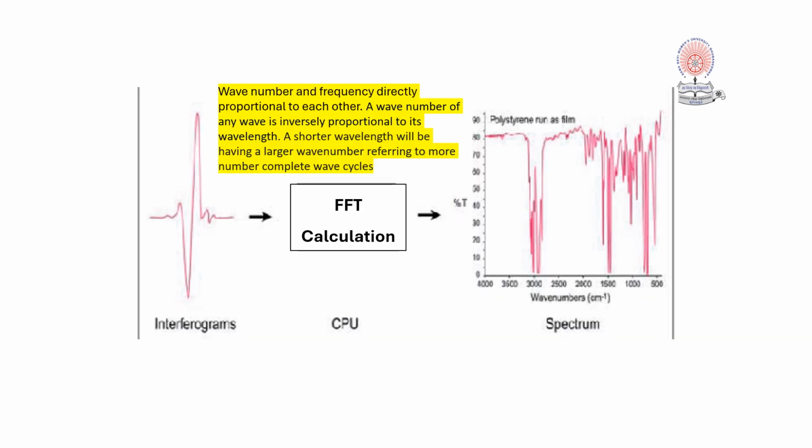These figures show how the interferogram, after FFT calculation by the CPU, is converted to a spectrum of transmittance percentage versus wave number.